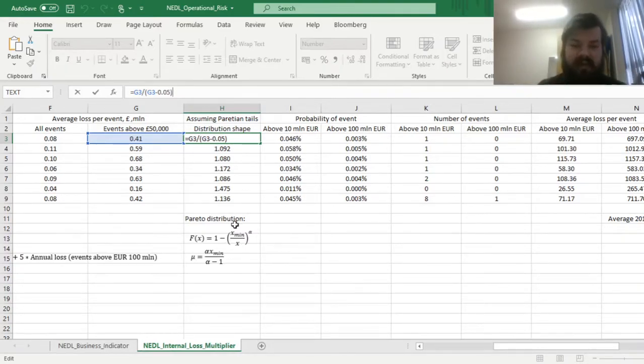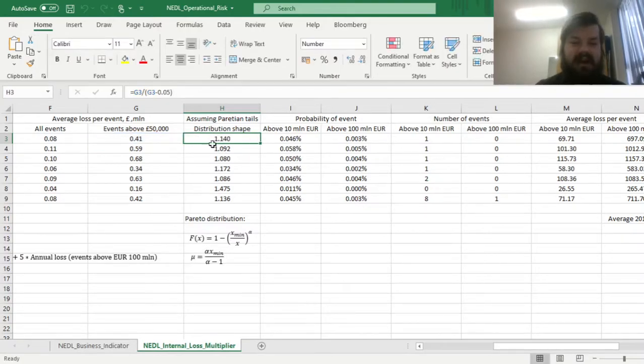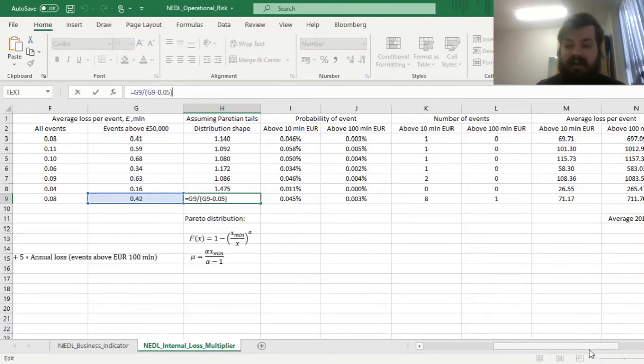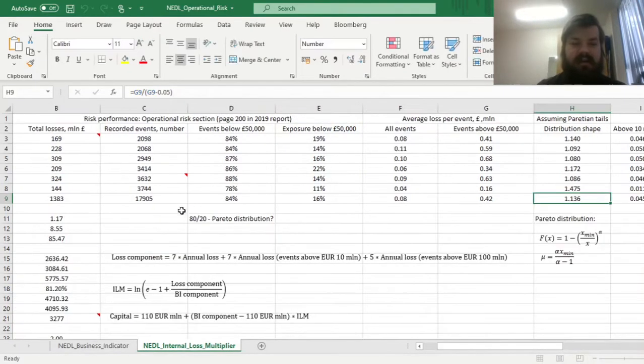Calculating the value of this parameter A, the shape of our power law Pareto tail, by factoring in the average loss above £50,000 and again retrieving the value of A from there. And we can see how it changes over the years and what is the value of this parameter on average across the whole 6-year record.